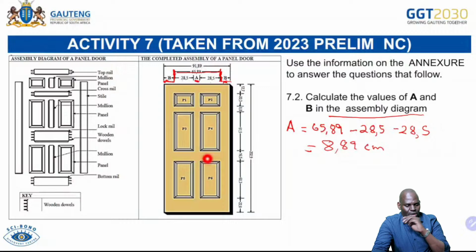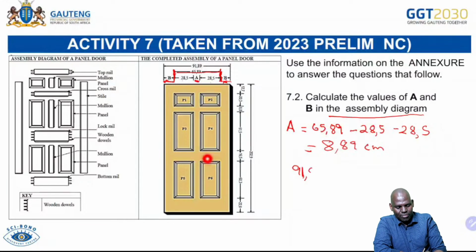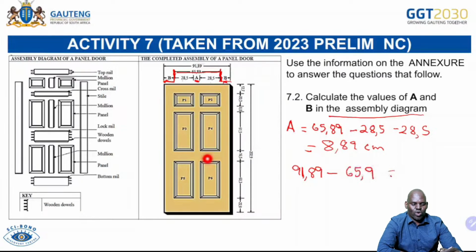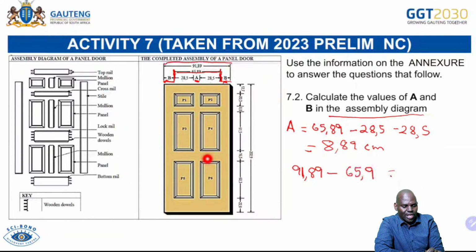So if I take 91,89 and subtract 65,89, if I take the whole of this side and subtract this, I'm going to be left with B and B. So the remaining space will be the space of B and the space of the other B.